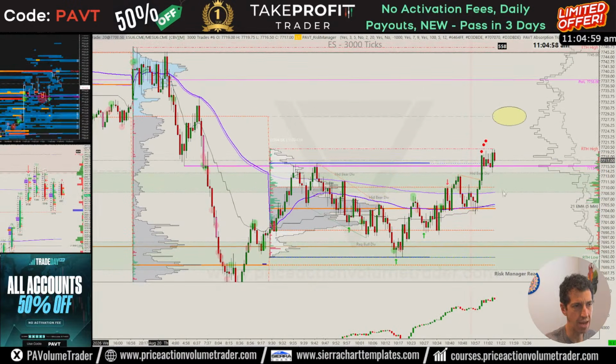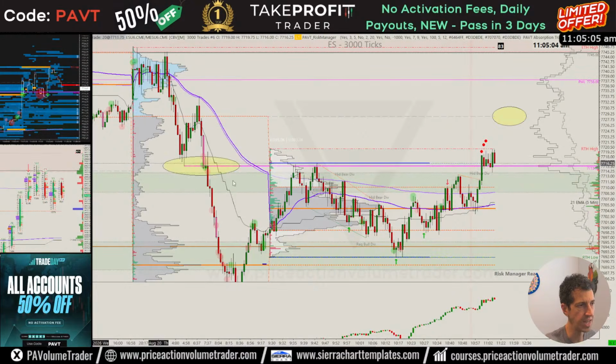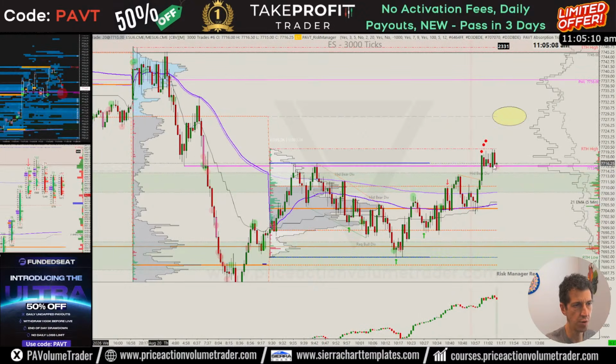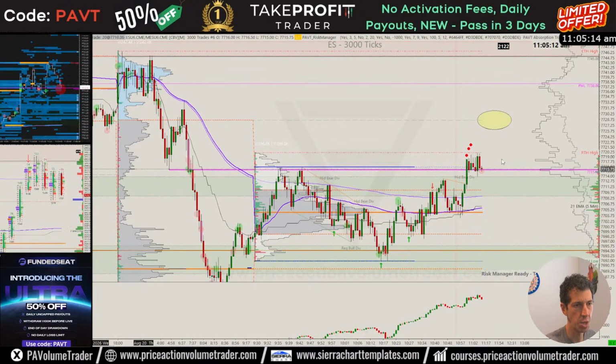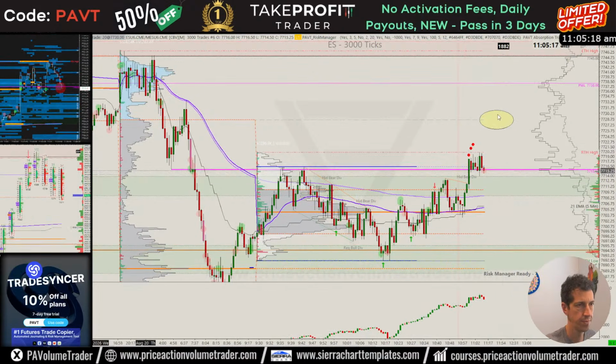If we got back above this low volume node area, and if we got above this level of support resistance, then flip up. So now I just want to see this area continue to hold and a push up here.